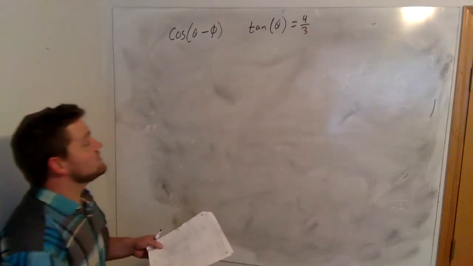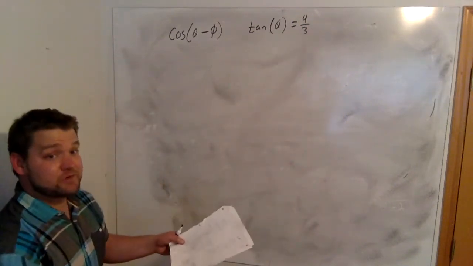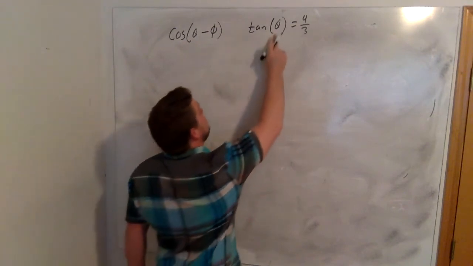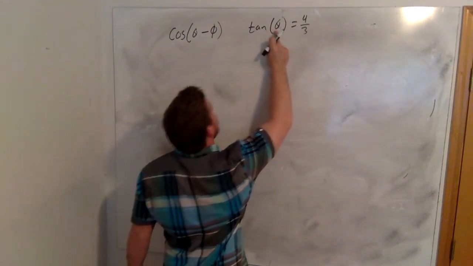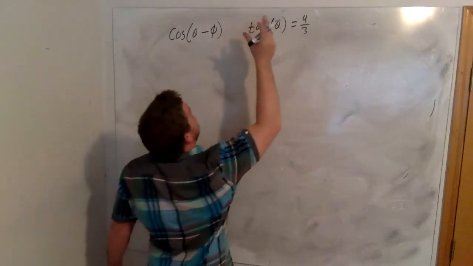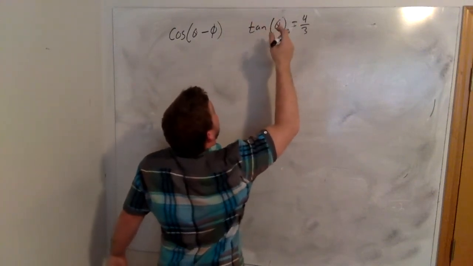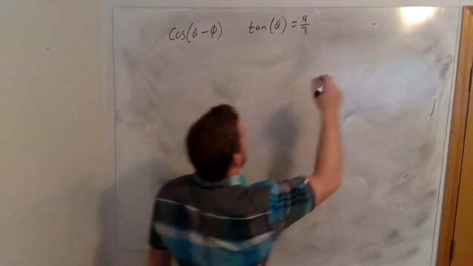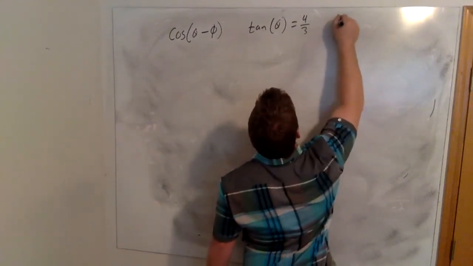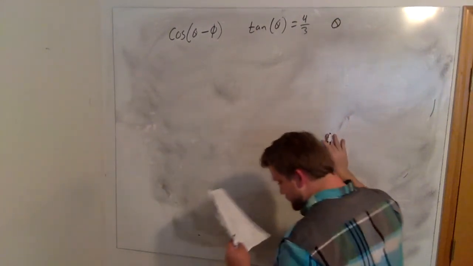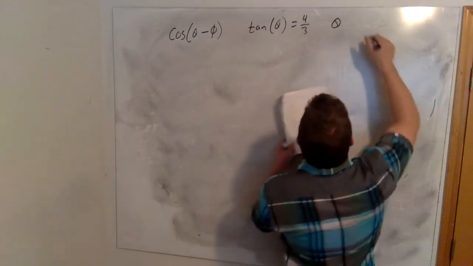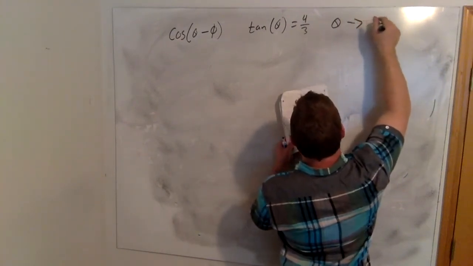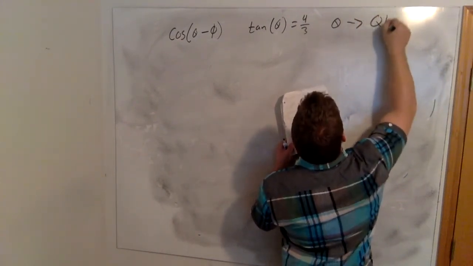Now, notice here that it doesn't say tan inverse, so I need a little bit more information. There are multiple angles that give you a tan of 4/3. So we need information about the angle. Let's say that theta is in quadrant 3.